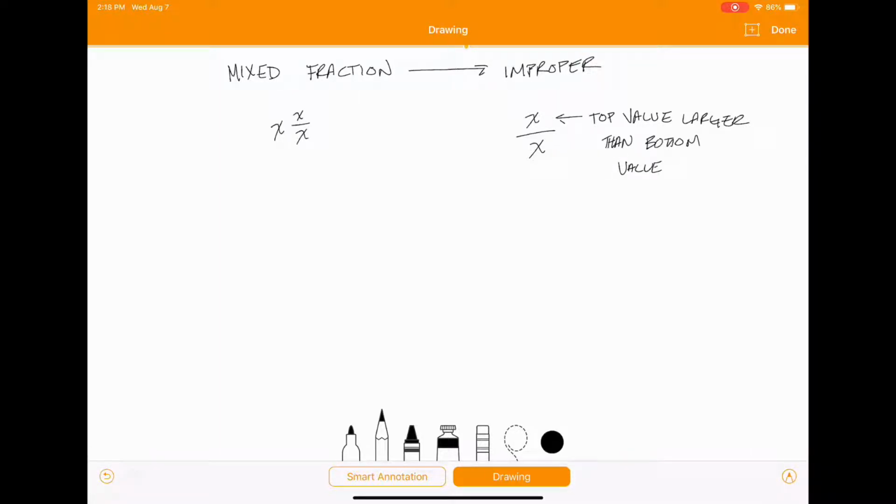So for example, a mixed fraction could be 3 and 1/2. And an improper fraction could be 21/3 because the top is greater than the bottom.